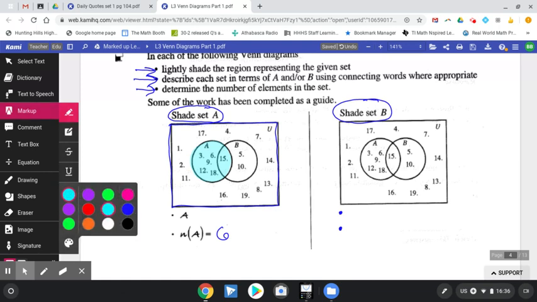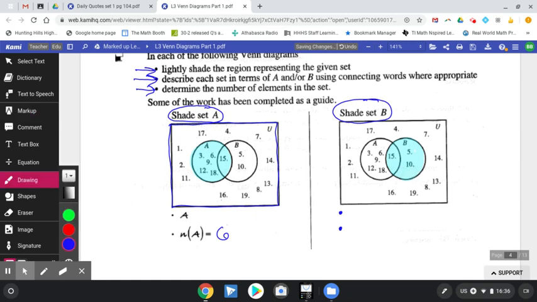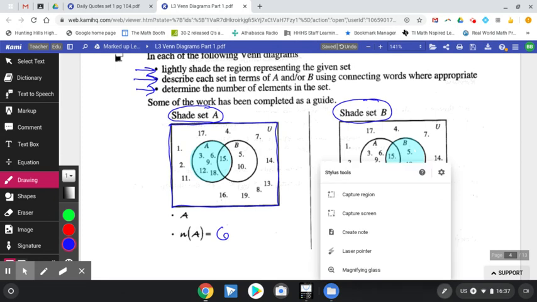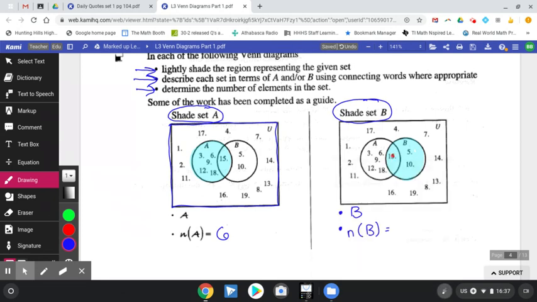So shading set B means we're shading everything inside of that circle. For notation, all we would use is a capital B for that area. And the number of elements in B is 1, 2, 3.